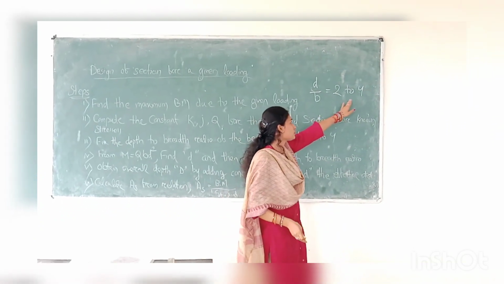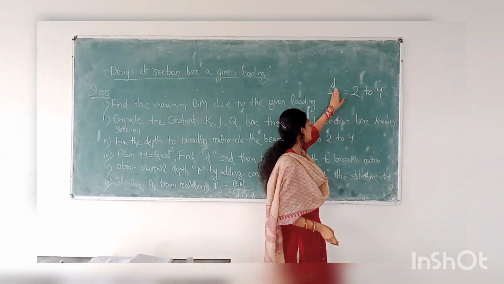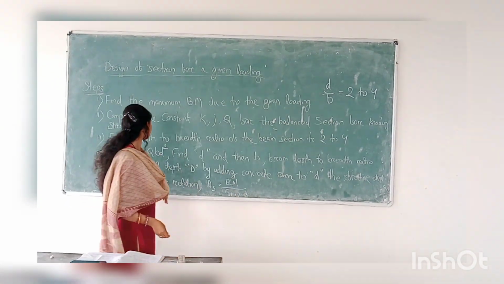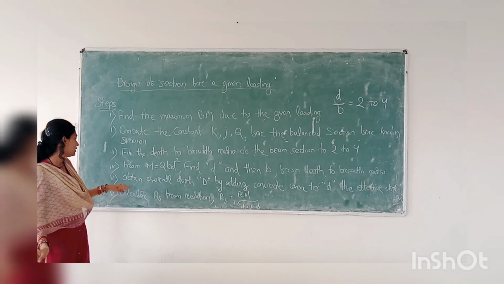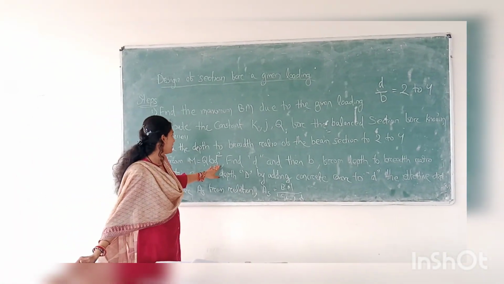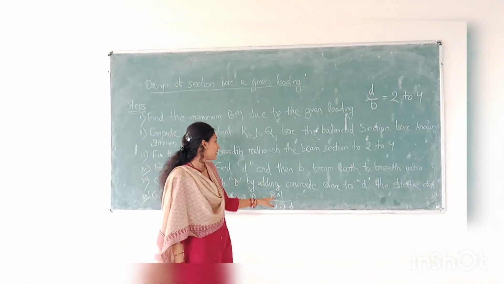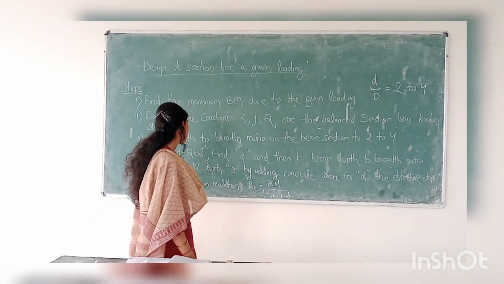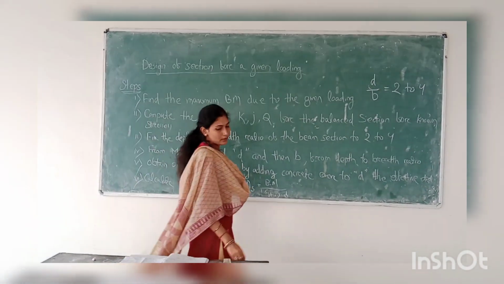So in between 2 to 4, we have to assume the depth by breadth ratio. So in the next step, from M equals Q B D square, find D and then B from the depth to breadth ratio.